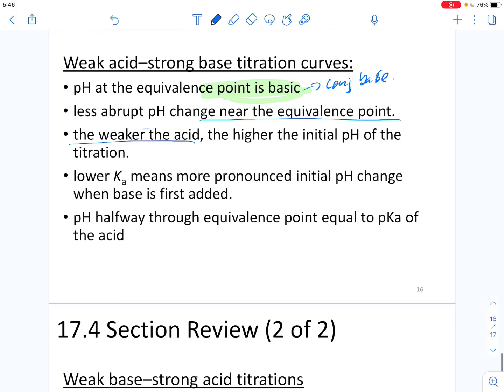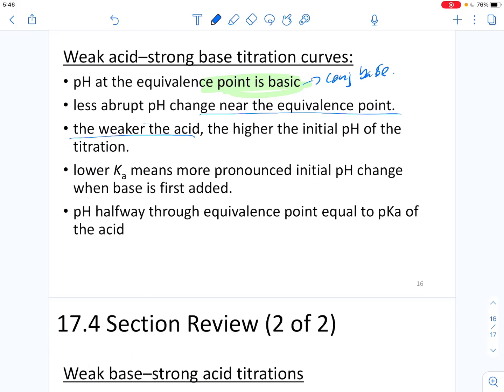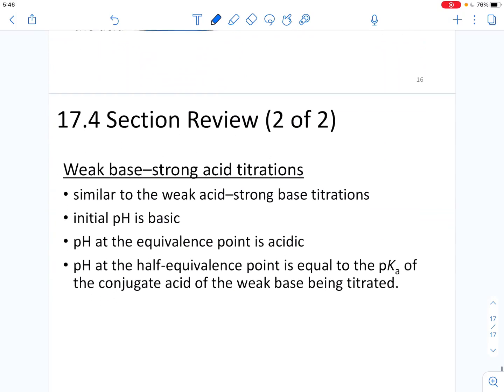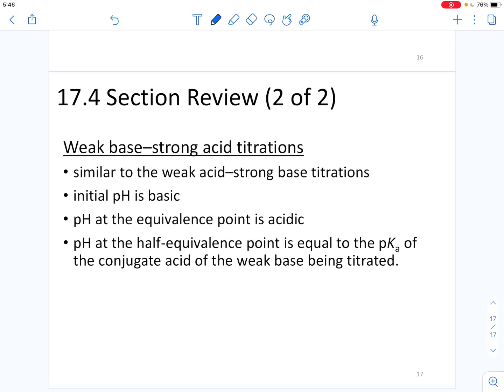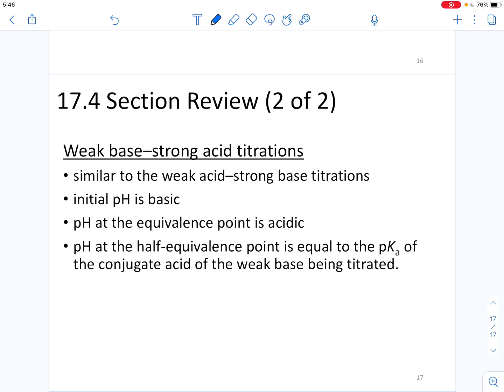Things to remember here, because these are weak acids, halfway through the equivalence point, the pH is equal to the pKa of the acid that you're titrating. If, on the other hand, you are titrating a weak base, then again, it's similar to what you've seen before, except that the initial pH is basic.